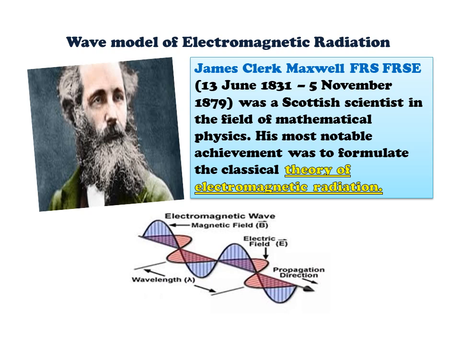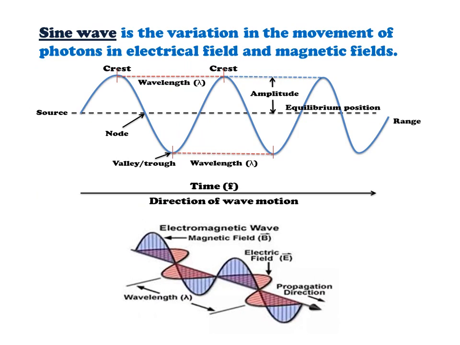Wave model of electromagnetic radiation. In the late 19th century, James Clerk Maxwell formulated the classical theory of electromagnetic radiation. He showed that visible light has both electric and magnetic properties, and they are correlated.